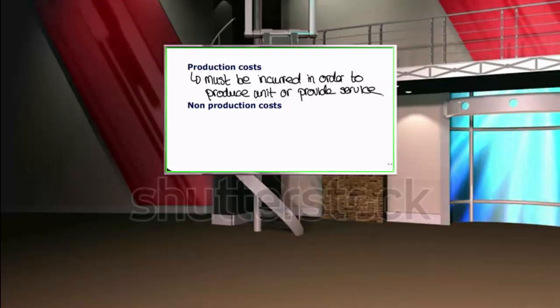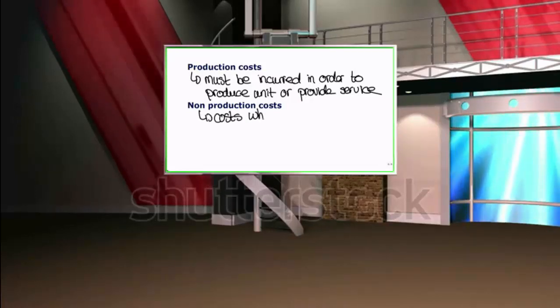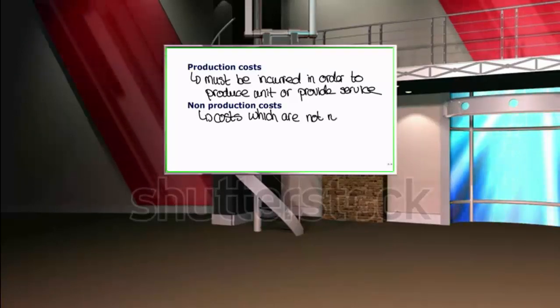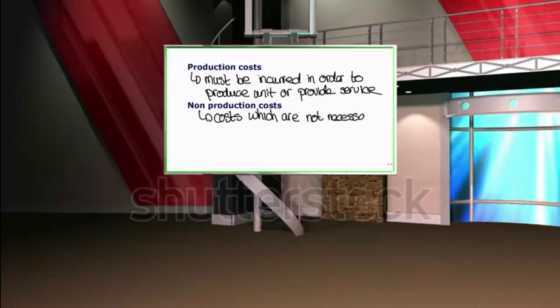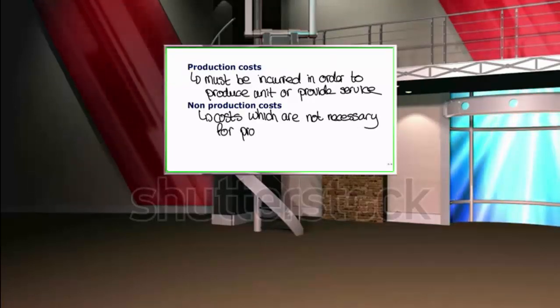So our non-production costs are the costs which are not necessary for the production of our product.